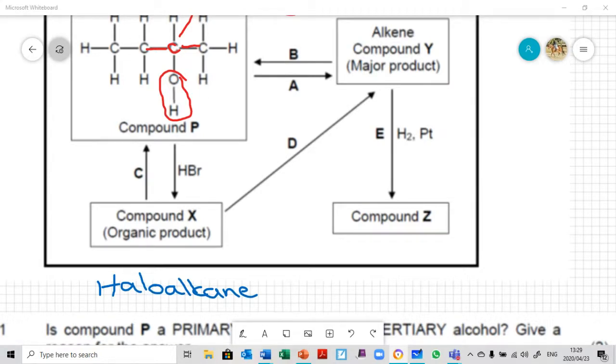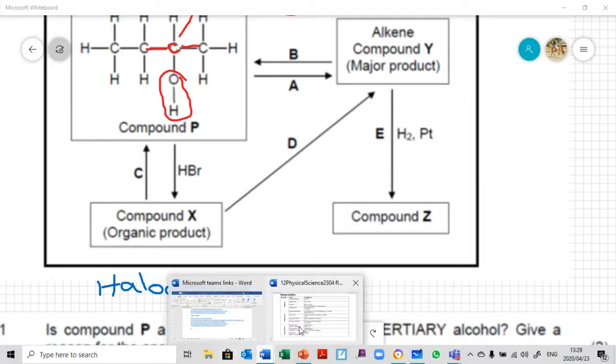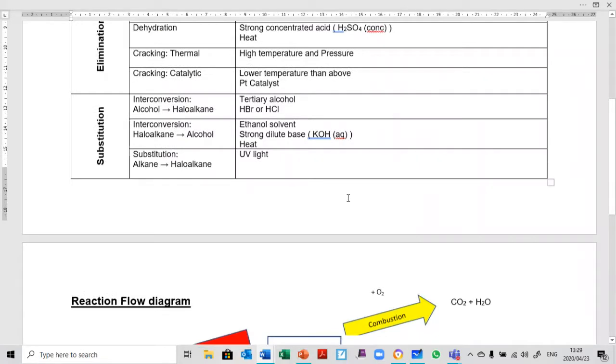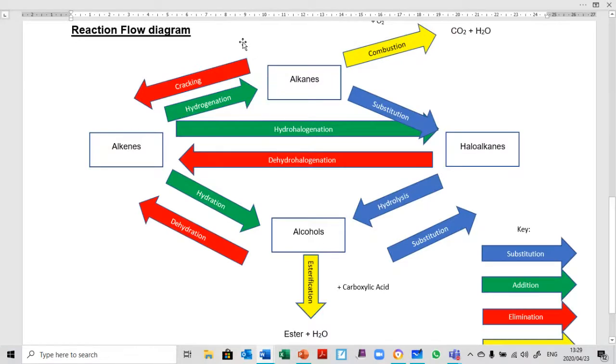That's why I put together the reaction conditions for you guys, as well as a flow diagram. These are the reactions that you can deal with. They cannot examine you on a reaction that is not on here. They are not allowed to, it is not in the CAPS document. They are very, very strict on examiners in terms of that. So if you make sure you know which reactions you could get, then you should be okay. All right.